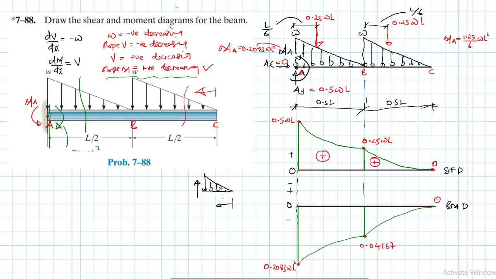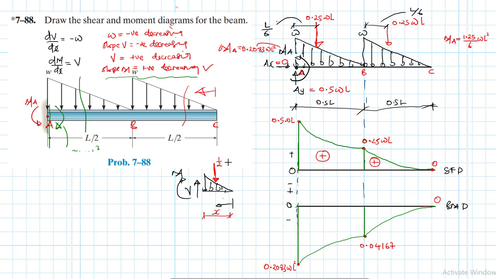So I have my shear like so, I have my moment like so, and then my equivalent force here is going to be equal to half times, this is x, this is x.